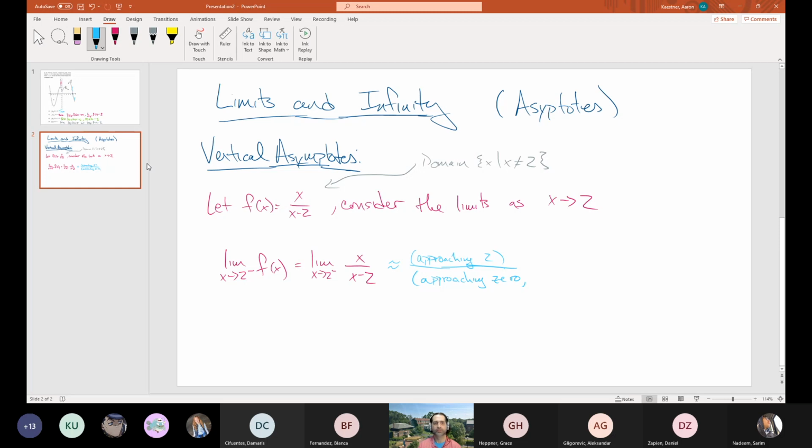And if I'm plugging in numbers slightly less than 2, then 1.9 minus 2 is a negative number, and 1.999 minus 2 is also a negative number. As long as I'm plugging in values that are slightly less than 2 and then subtracting 2, I'm going to get back a small negative number approaching 0, but negative.